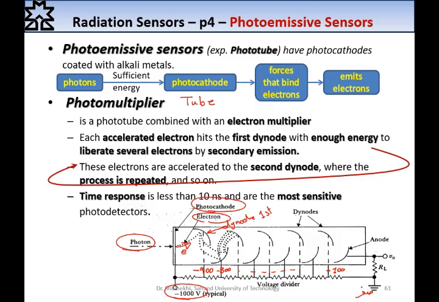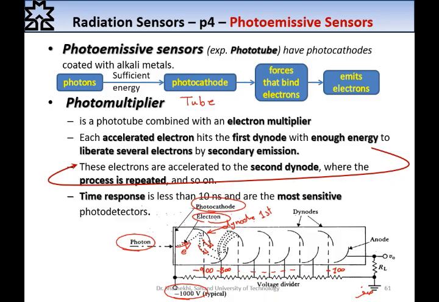It can be more than 2 electrons, but we assume that only 2 electrons will be liberated by hitting the dynode. 2 electrons will be liberated from the first dynode.